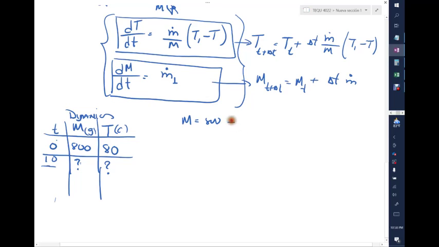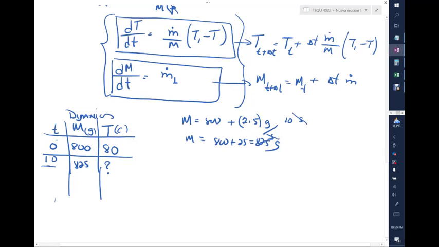So we end up having 2.5 grams per second, multiplied by 10 seconds. So seconds cancel out, and we end up that the mass is about 800 plus 25, or 825 grams, because I adjusted the flow into the vessel to about 2.5 grams per second.